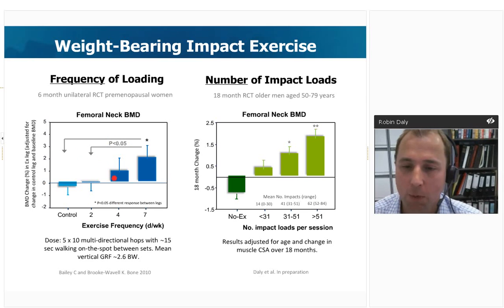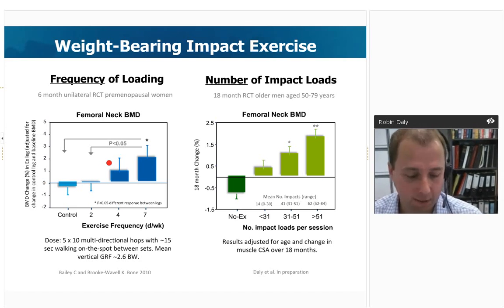So what you can see, the 7 days per week clearly had the biggest benefit, but there was no difference between the 7 and the 4 days, which is consistent with a lot of our guidelines suggesting that probably jumping 3 to 4 times per week, and it might only be 50, I'm not saying 50 is the magical number, but say somewhere between 50 to 100, 3 or 4 times per week might be a strategy to help maintain your bone density.